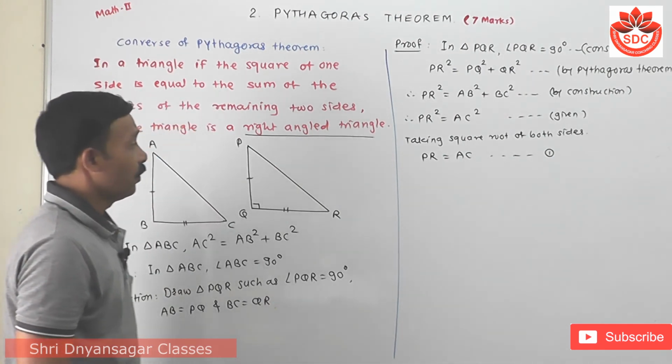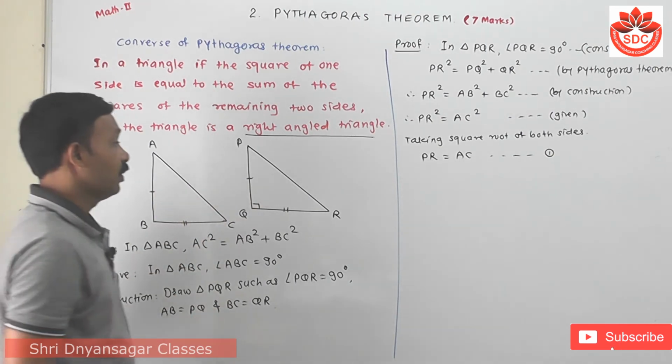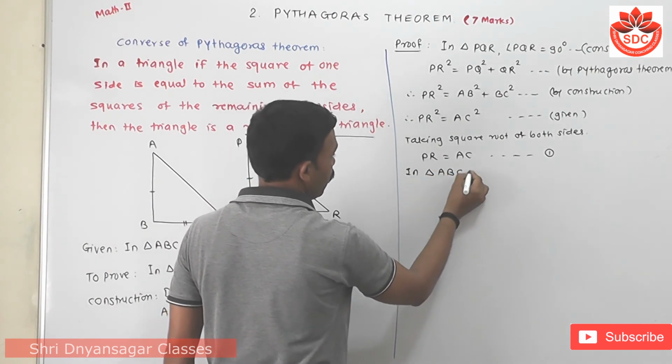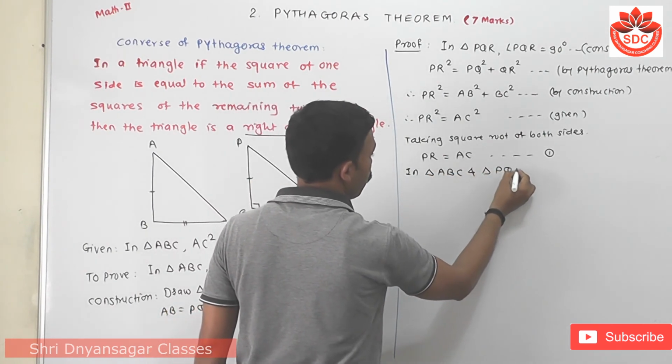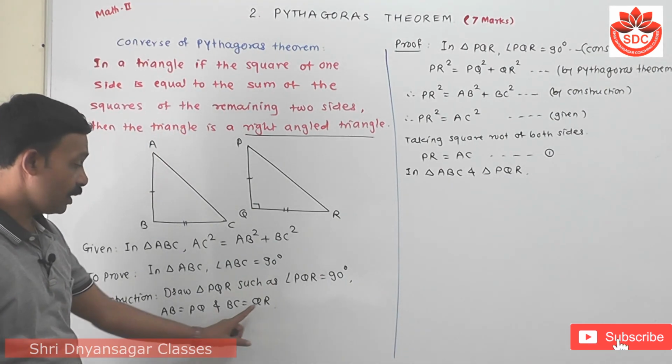Then we have to show that these two triangles are similar. Look here: in triangle ABC and triangle PQR, we take AB equal to PQ and BC equal to QR.